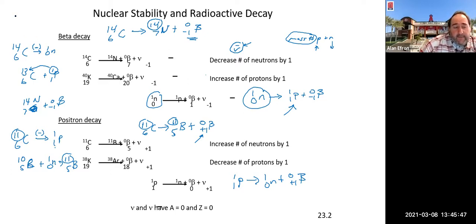But what's happening is we're basically starting with, say, on the top one, carbon that has a mass number of 14, which basically means that it has 14 protons plus neutrons total, right? And what happens in a beta decay, what ultimately is happening is we're first losing a neutron. So the first thing that's happening is this neutron through this process, and involves energy and some other things we'll talk about.